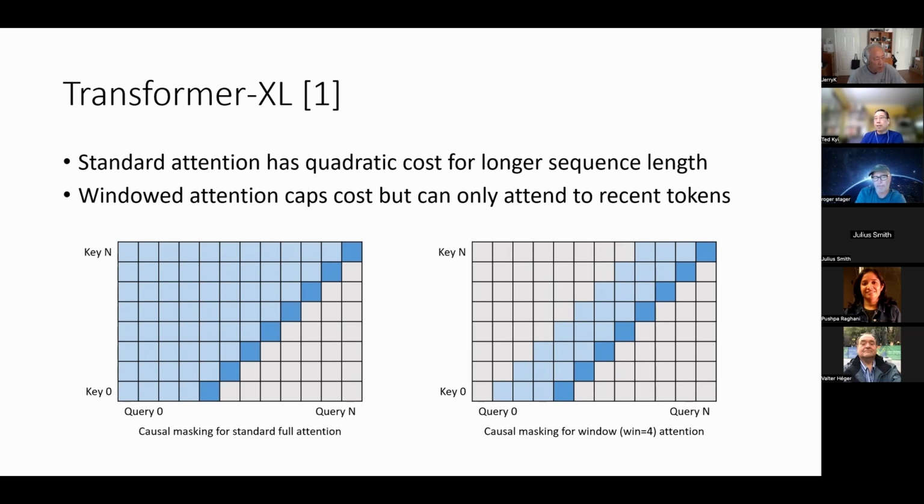Thanks. Okay, so the first of these three is the Transformer XL. If you look on the left, this is standard attention. What I'm showing here is a diagram of the queries, from the beginning of your input string to the end, and your keys. Queries always get compared to all the keys for themselves and all the keys that came before.